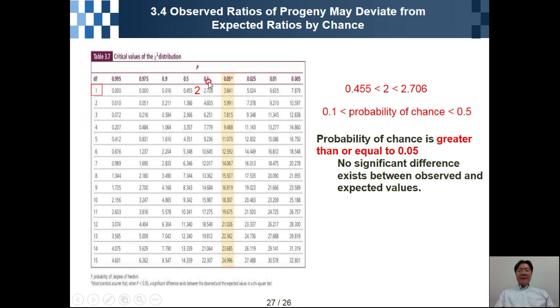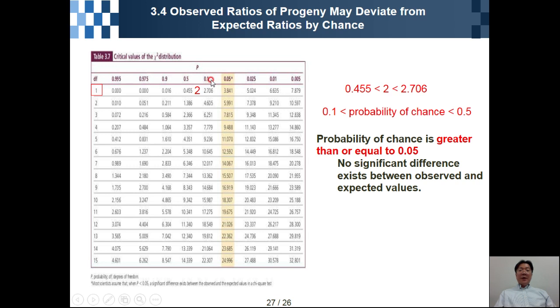So it means that the probability of chance is located between 0.1 and 0.5. It means that the probability of chance is greater than 0.05, since it is between less than 0.5 and larger than 0.1.